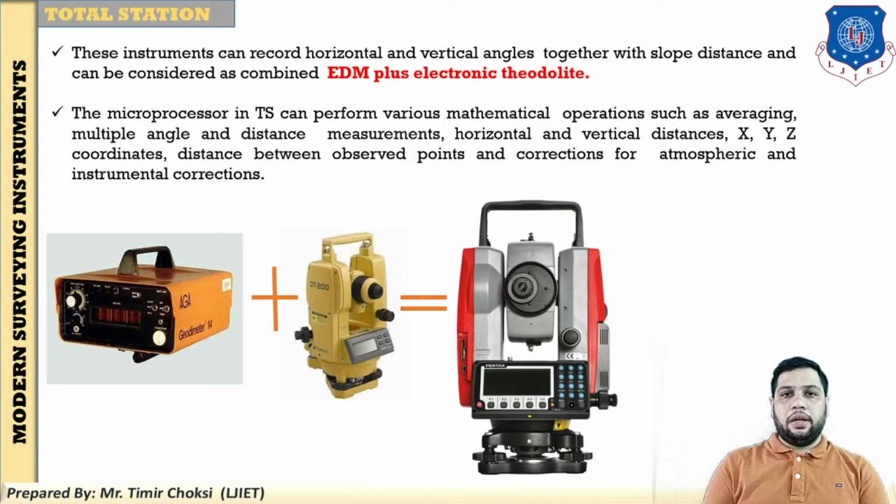The total station instrument can record the horizontal and vertical angle together with the slope distance, and can be considered a combined EDM plus electronic theodolite.